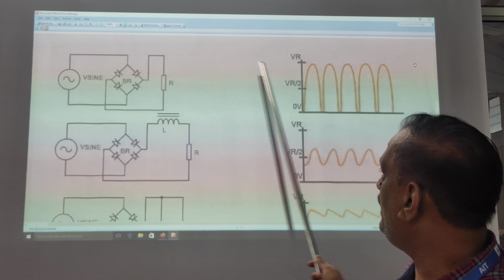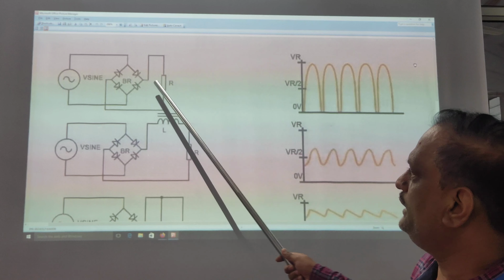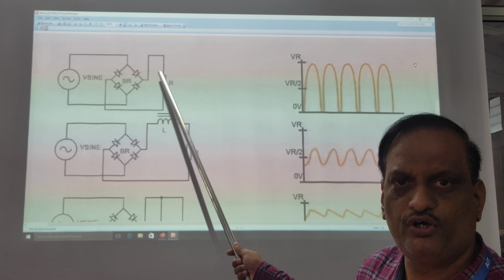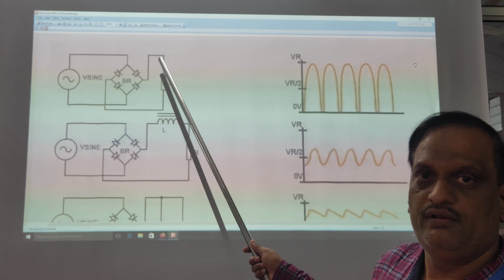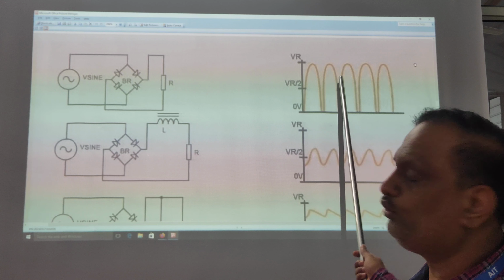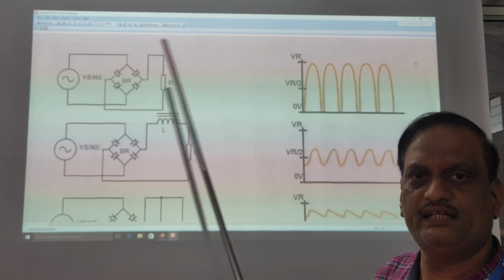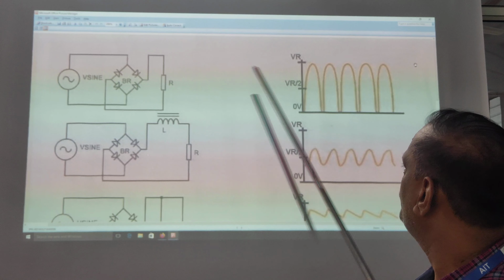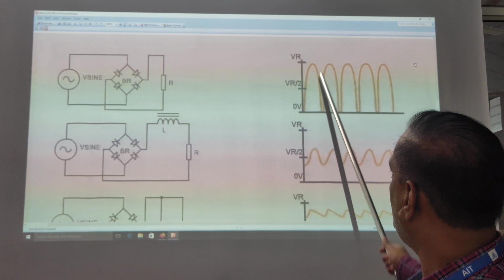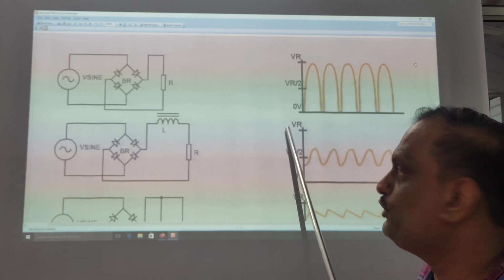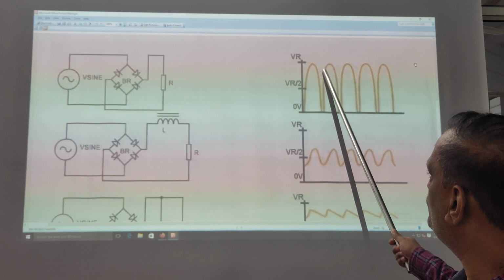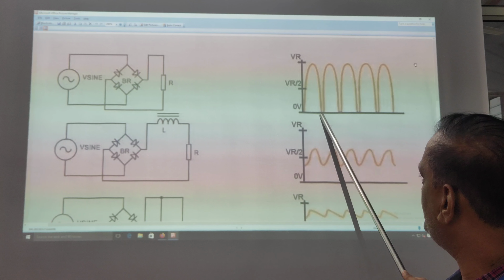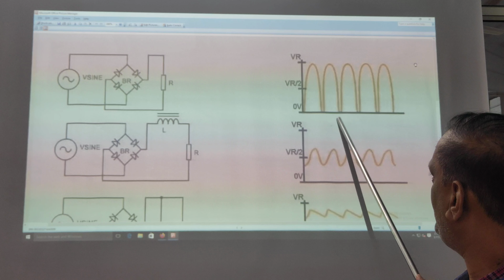Why are we getting this voltage? Because we don't have any filter component present here. So without a filter, the output voltage generated across the load is a combination of AC along with DC. This part is called the DC. Why is it called DC? Because it starts from 0, goes to maximum, comes back to 0, again goes to maximum and comes to 0.